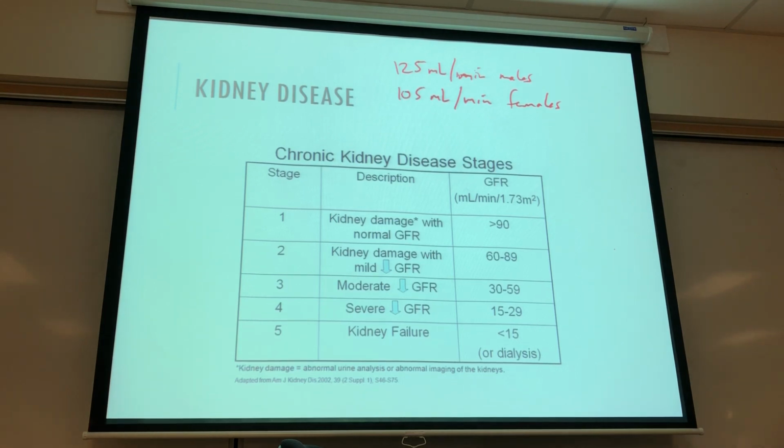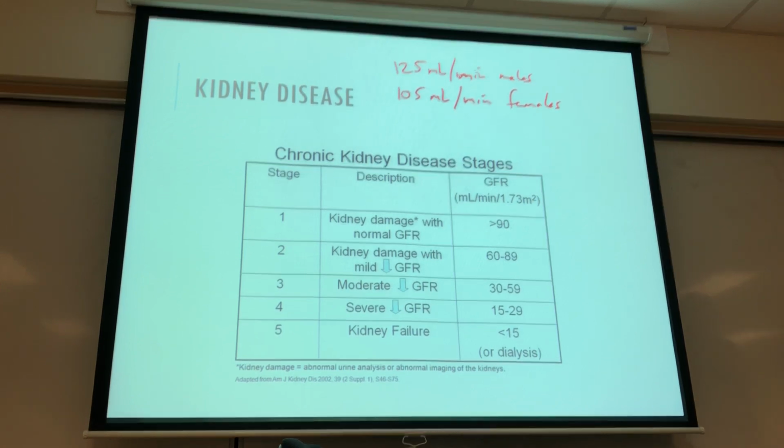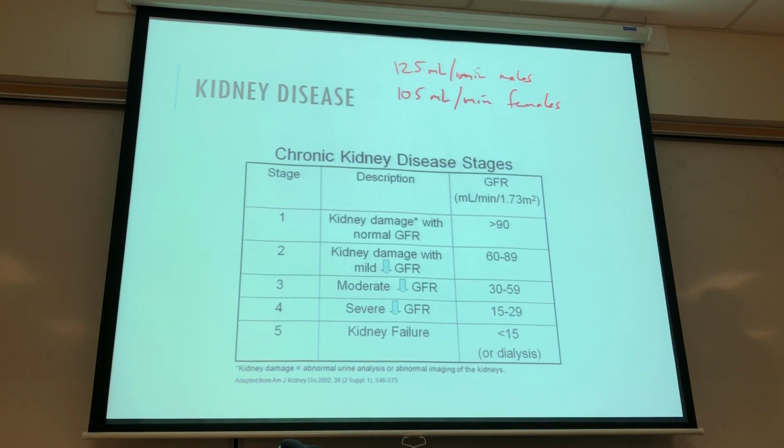Did I say 150? Yeah, 105. My numbers are starting to look a little mixed up, especially at 9 o'clock at night, especially towards the 14th week now. Yeah, 125 and 105. Don't trust what I say, trust what I write on the board. 105 milliliters per minute in females.